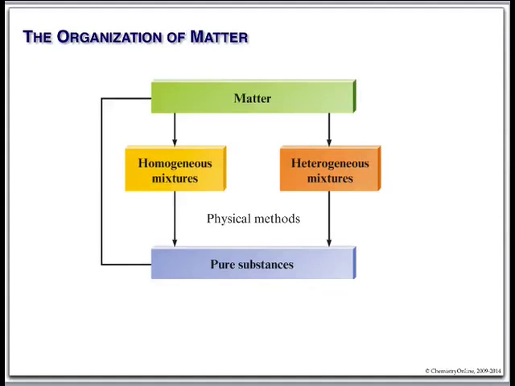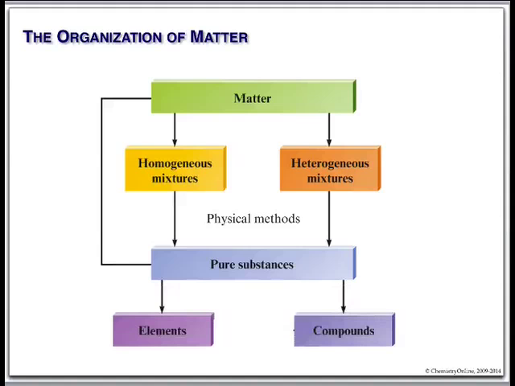Pure substances can also be elements or compounds. Remember, an element contains only one type of atom. Compound will contain two or more types of atoms. We can convert compounds into elements, but can't do it by physical methods. We have to use chemical methods to break those bonds. Any questions?